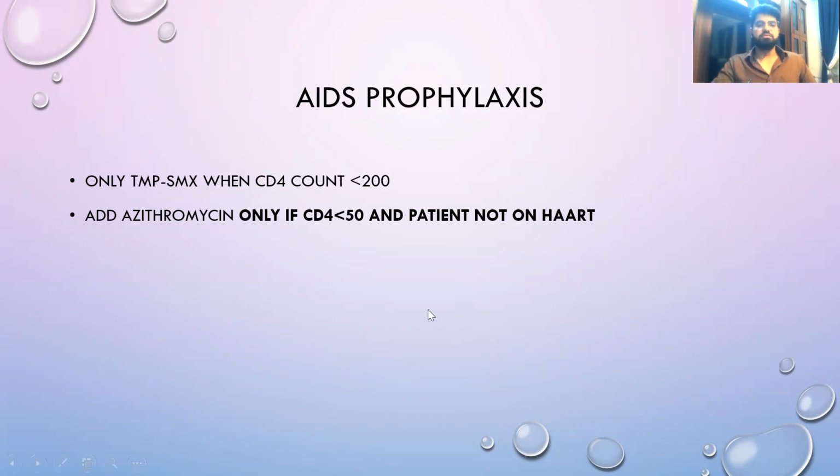So now they will give you a scenario where they want you to add azithromycin only when the CD4 is less than 50 and the patient is not on HAART. So it is not that you just see the CD4 count and say, okay, we do not add azithromycin anymore. It's not always the case. You should always look at whether the patient is on HAART therapy or not. Sometimes they may not be on HAART and the CD4 count might be less than 50. And that is when you need to add azithromycin for MAC prophylaxis, Mycobacterium avium.